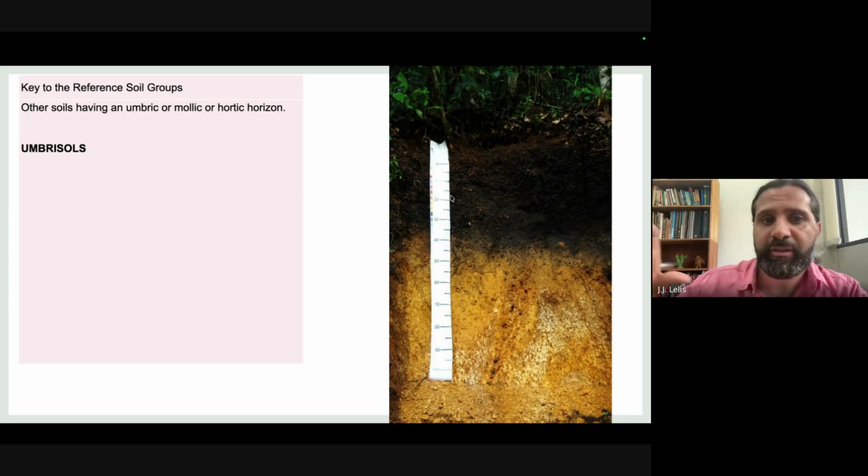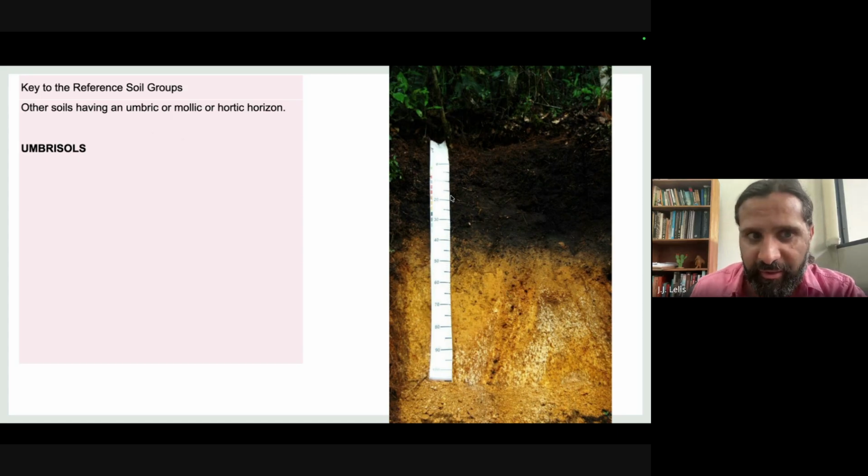This is the only difference between mollic and umbric horizons. Those that are classified as mollic horizons, the base saturation should be equal or higher than 50%, and the umbric should be below 50%. Okay, so basically the difference is the base saturation. And the anthric horizons, we already know, are those horizons that are anthropic formed.